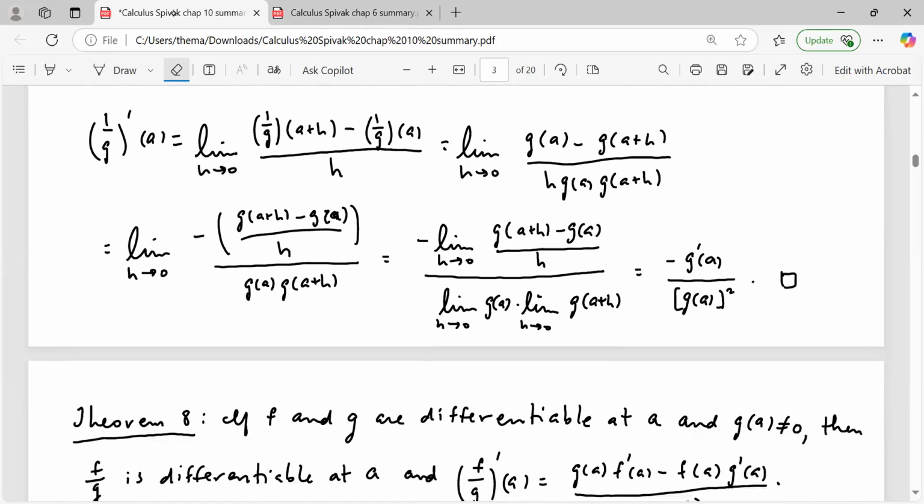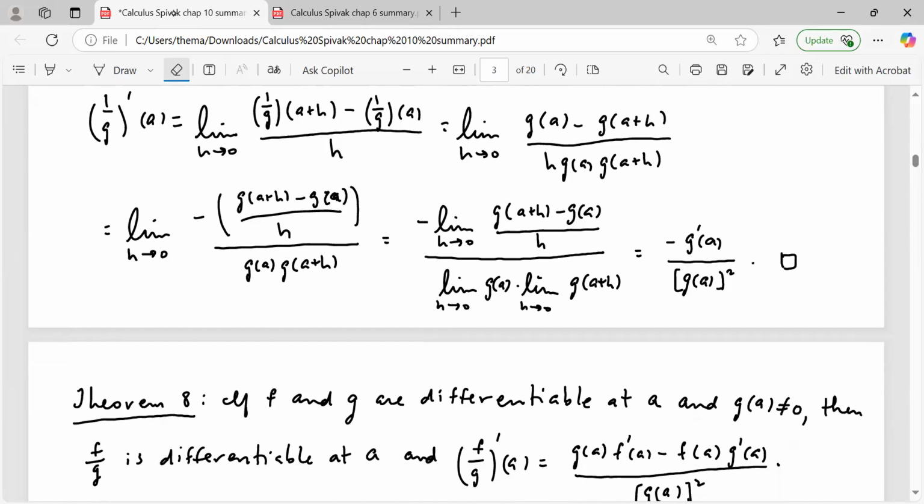And then just rearranging some things, that's equal to limit h goes to 0 of minus g of a plus h minus g of a over h divided by g of a times g of a plus h. And then distributing the limit on top, we get the negative of the derivative of g at a. And in the bottom, because g is continuous, we get g of a times g of a, which is g of a squared.